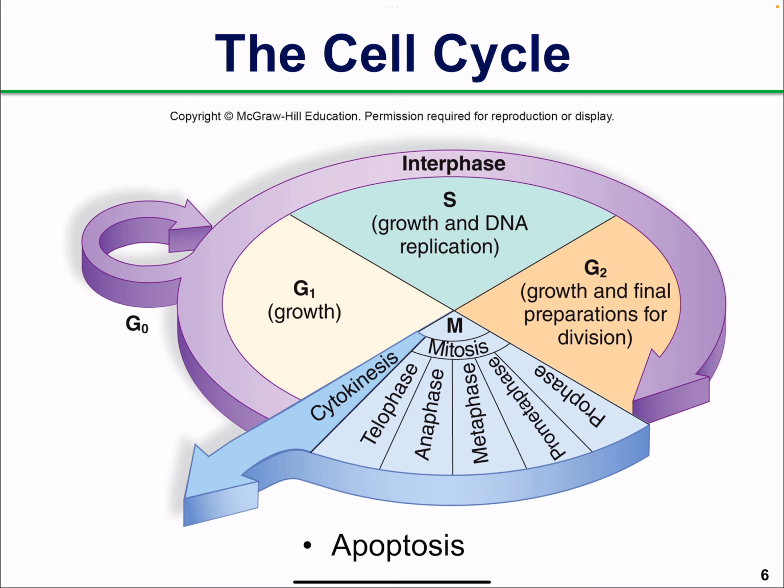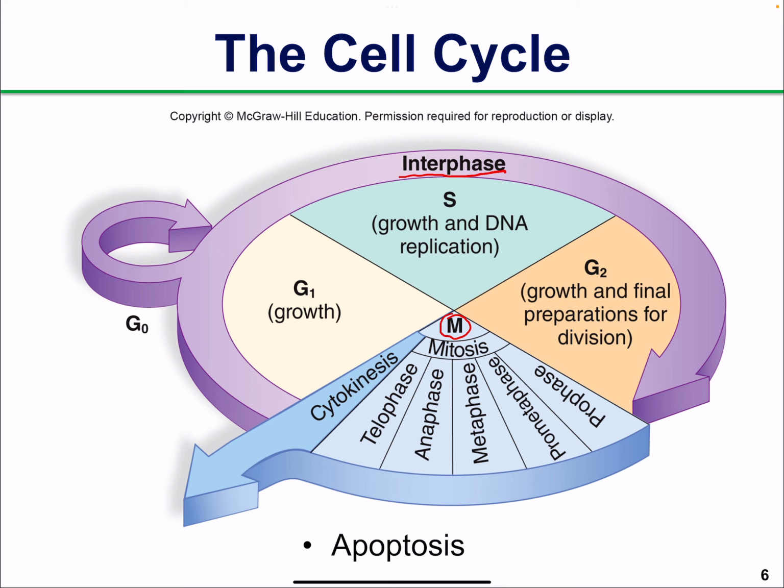That cell cycle is going to be divided into 2 major stages. We have a stage that we call the interphase and a stage that we call the M phase or mitosis, right?